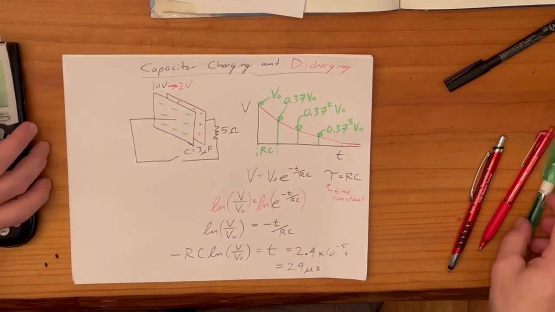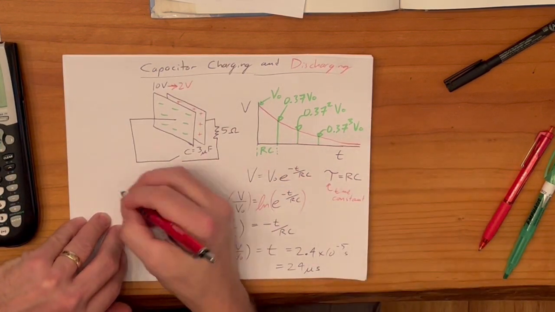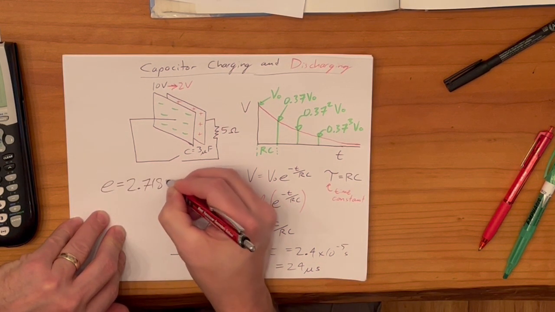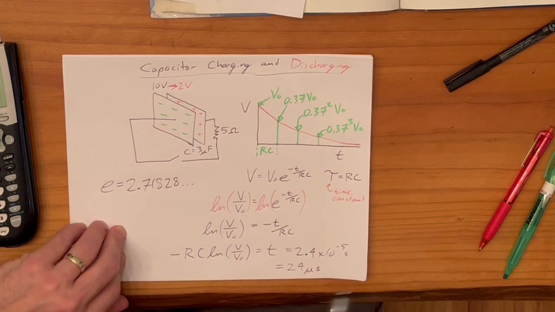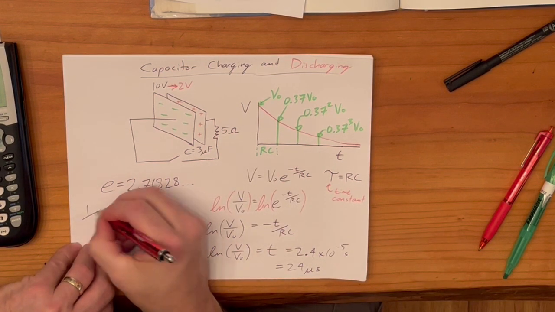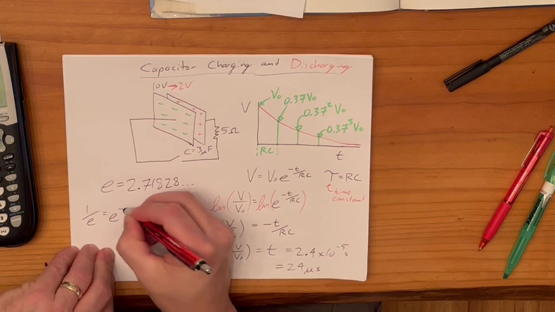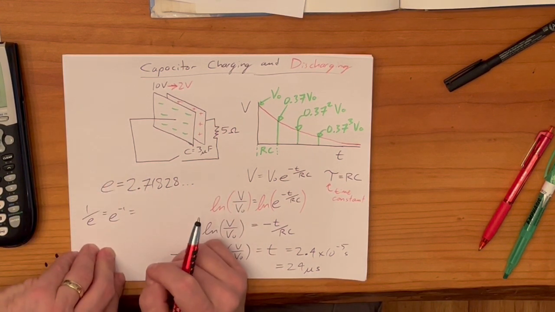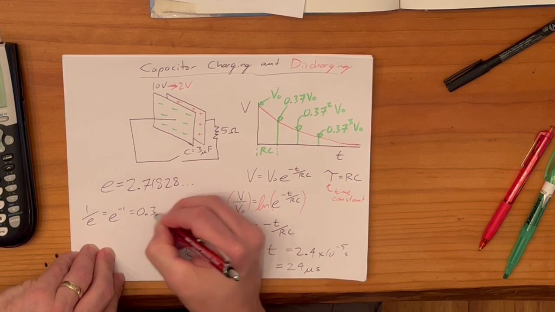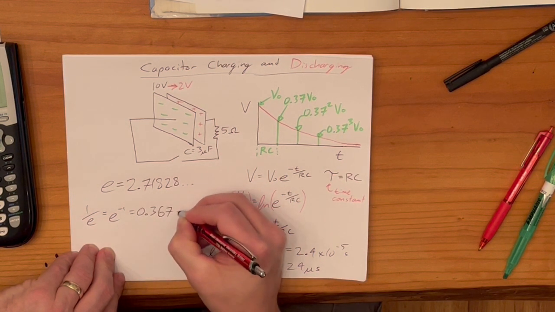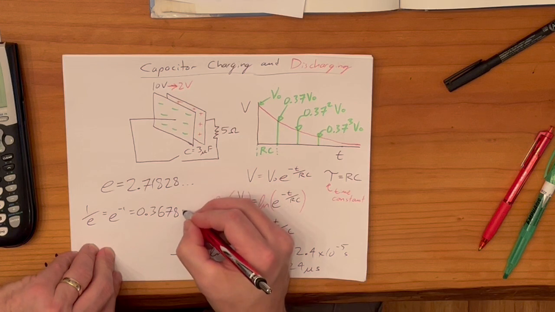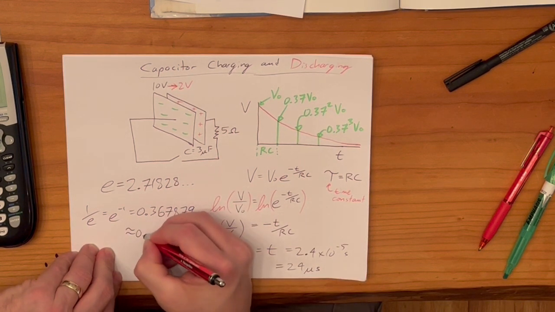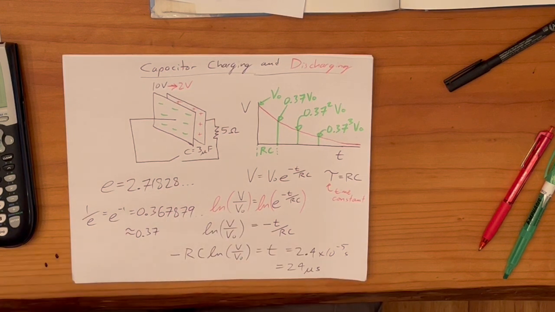So if you're wondering what is e, it's really just a number. e is 2.71828, and it keeps going. 1 over e is equal to e to the negative 1, which is, if I hit x to the negative 1, I get 0.36787. It's approximately 37%.